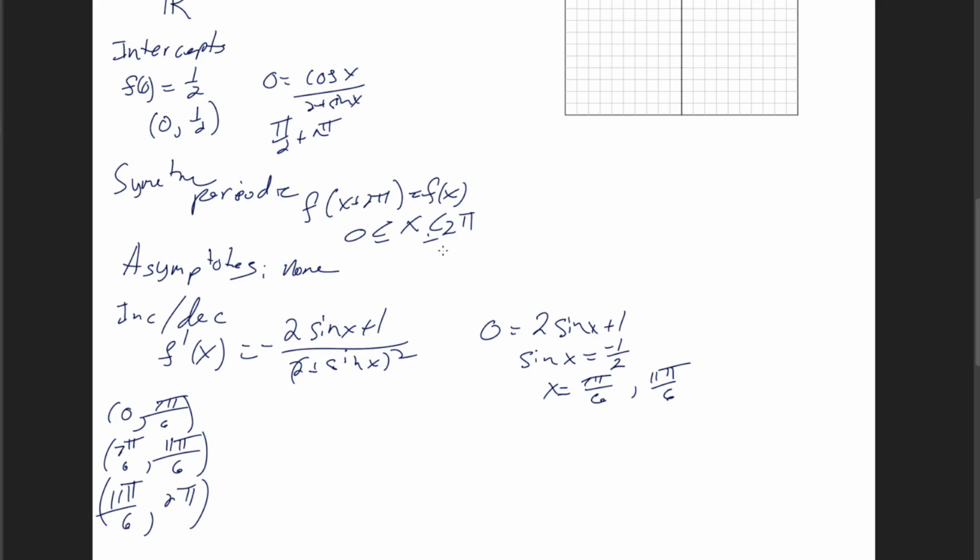And notice that since we have periodic behavior, we only need to look in here, so let's just look at the sign on f prime. And so here this will be decreasing, since here we'll have positive sine, and the bottom is always positive, so this is decreasing, this is also decreasing, and then it finally becomes increasing for this point. So if you just look at the signs, you'll get this.